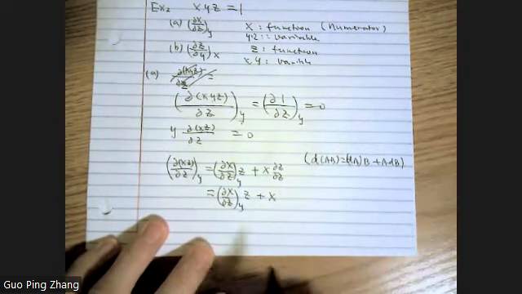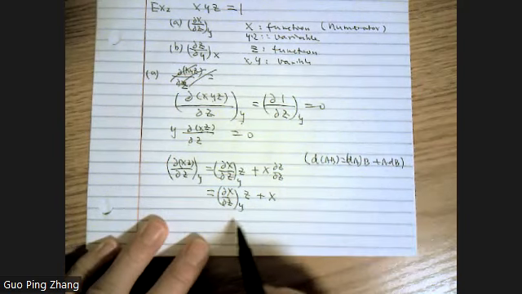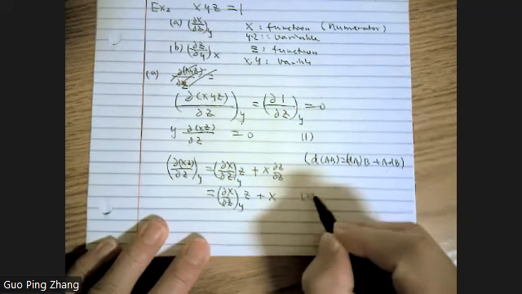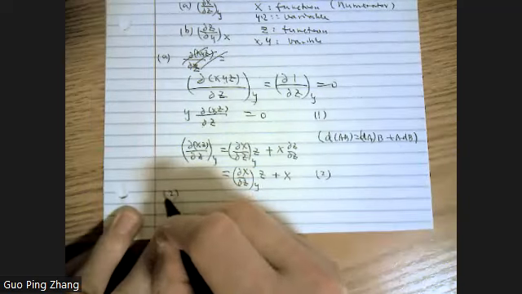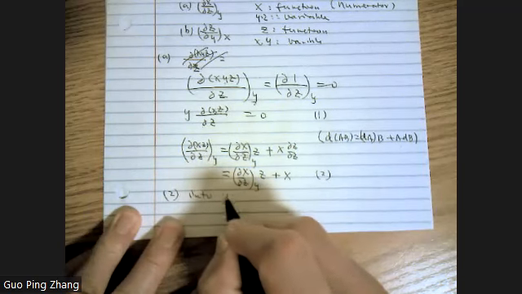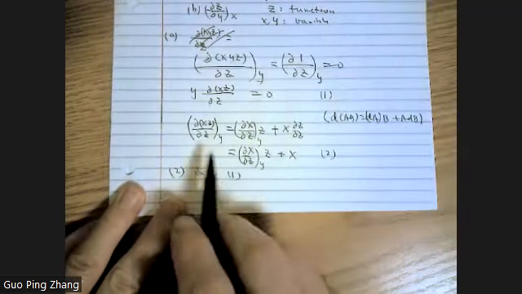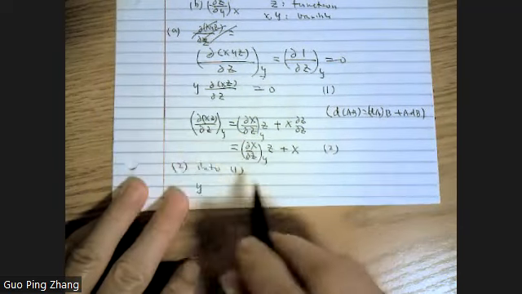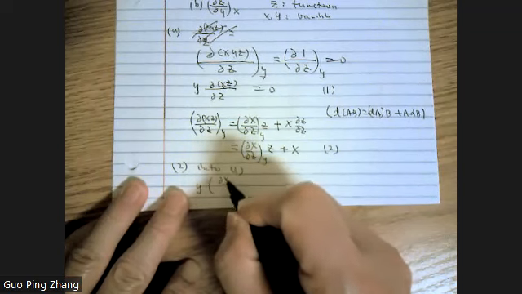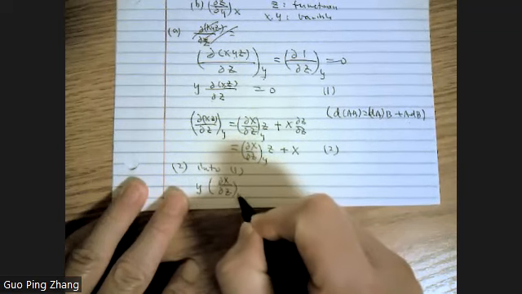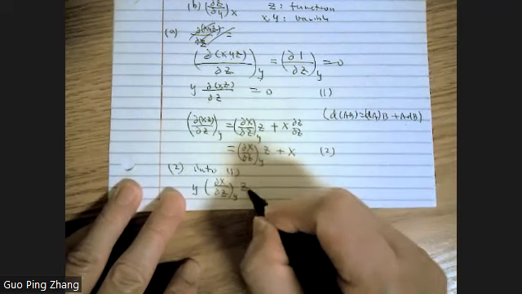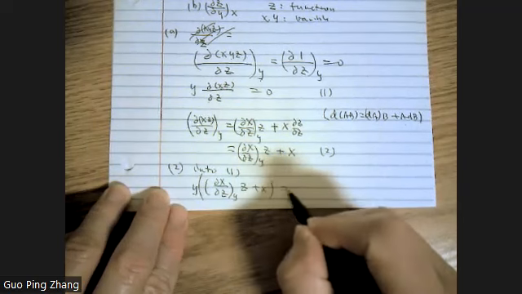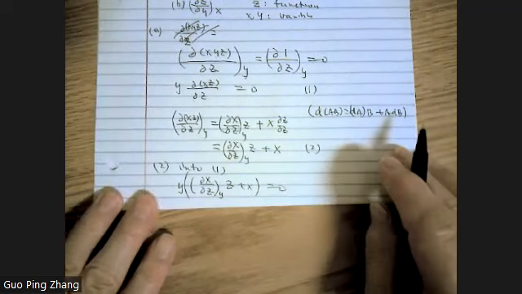Now all I need to do is plug this term back into the previous equation. Let's call it equation number 1, and this equation number 2. So plug 2 into 1. Then I get y multiplied by partial x over partial z holding y constant, times z, plus x, and this whole thing times y equals 0.